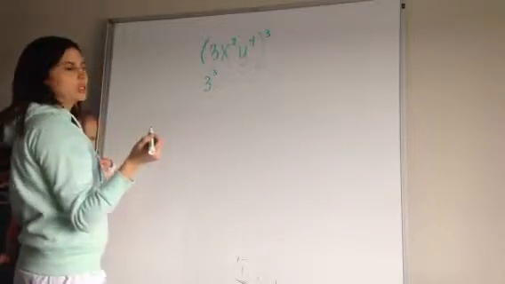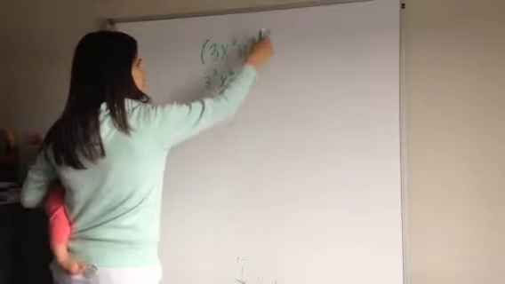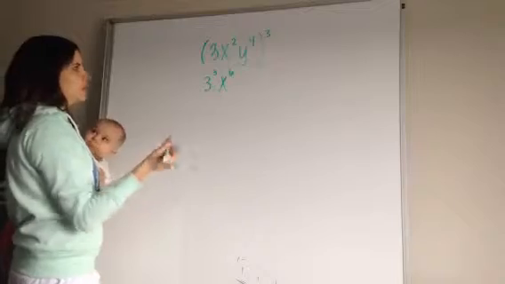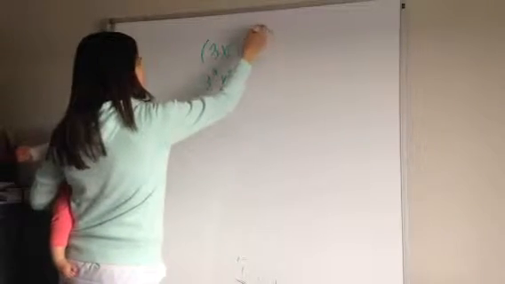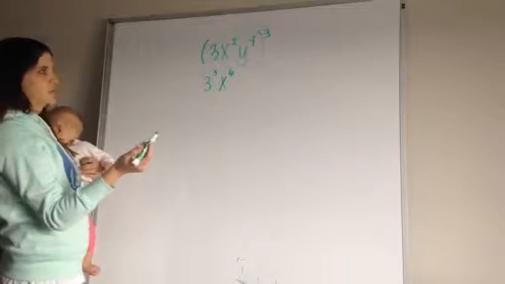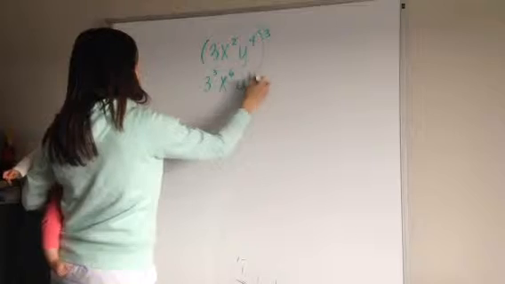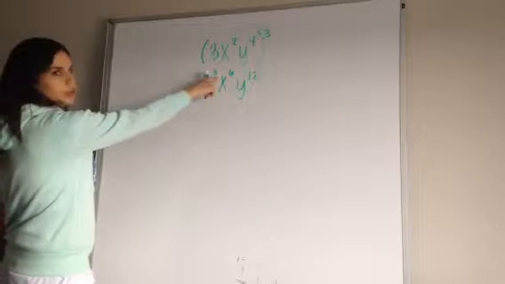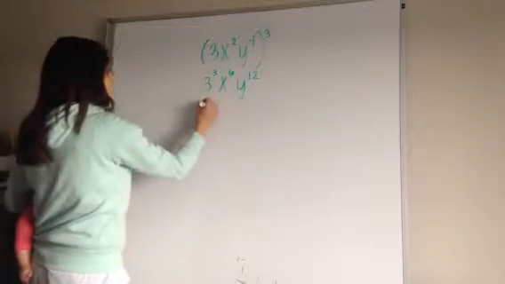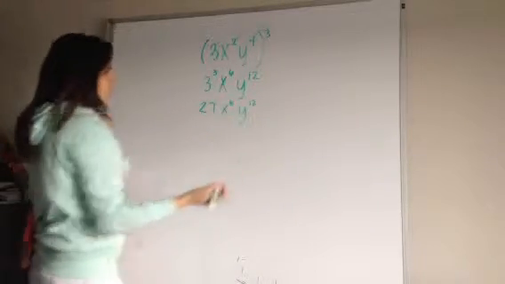So it's going to be 2 times 3, so it'll be x to the 6th. And then y to the fourth to the third, we multiply those. So really, you're just distributing that third to everything. So 4 times 3 is 12, so it'd be y to the 12. And then I just do 3 to the third, which is 3 times 3 times 3, so that's 27. x to the 6, y to the 12th, and that's it.